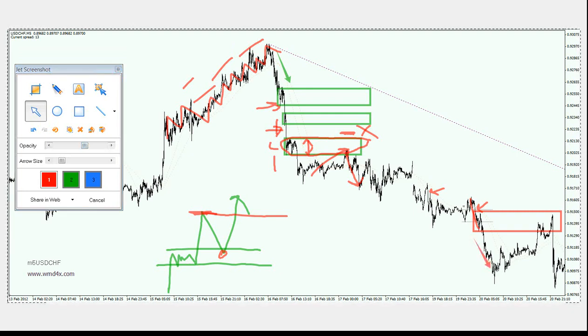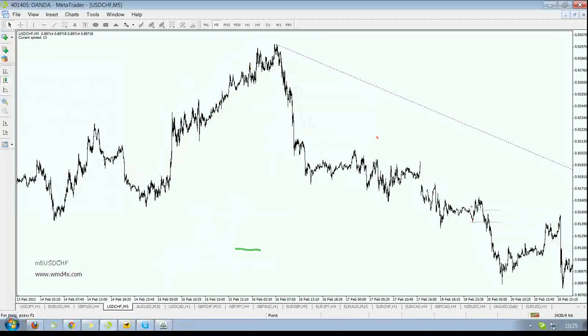But when we got a pullback, surprise, surprise, look at where that pullback completed, and then you get another sharp continuation trade. If you're looking through any chart, any pair, any time frame, right, you'll be seeing these types of structures, right? So boost, consolidate, boost.